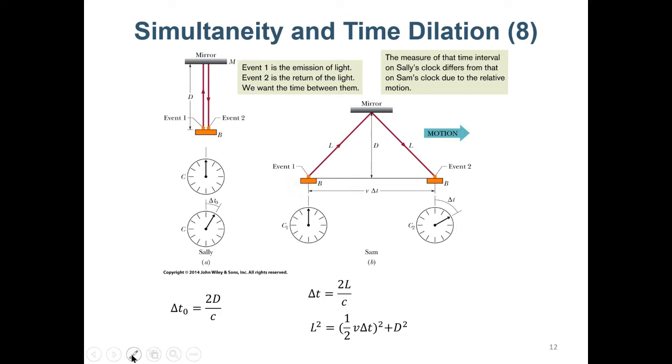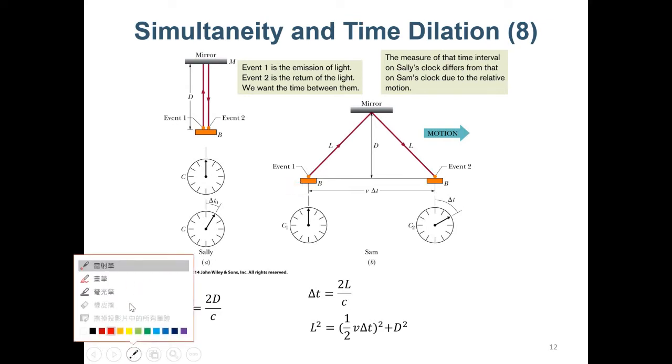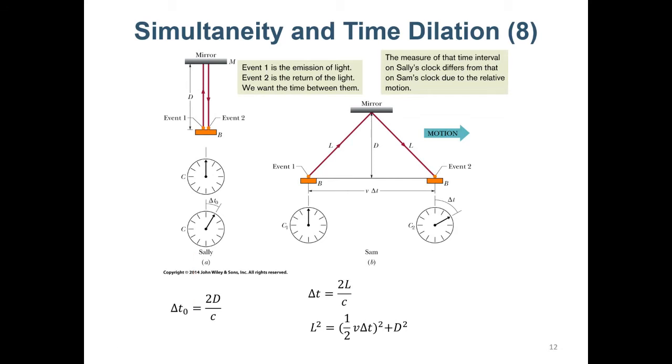The point here is that, for example, at t equals 0, B is here, and it tries to emit a light to the mirror, and it starts to move. So, for example, when B moves to this point, the light goes to here, and when he moves to this point, the light touches the mirror, and so on, until B moves to here, and the light is reflected back.